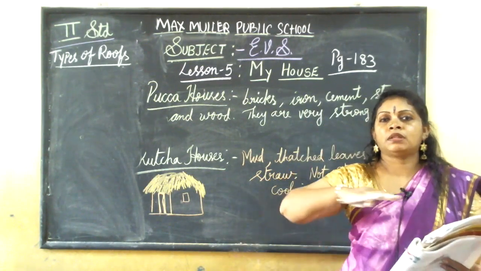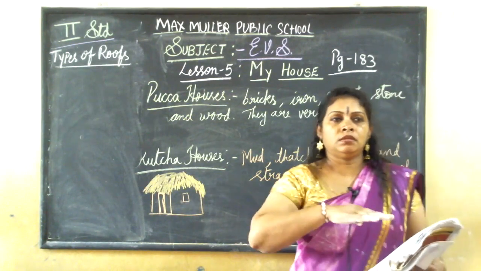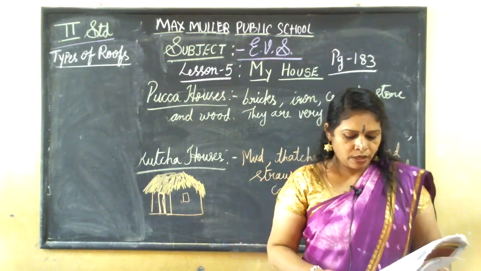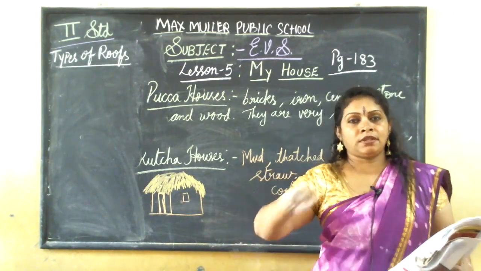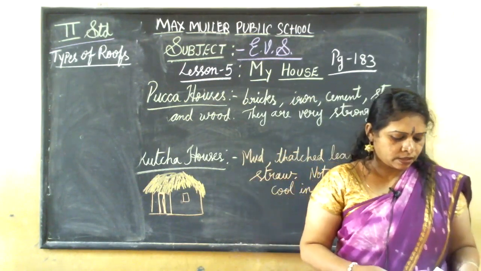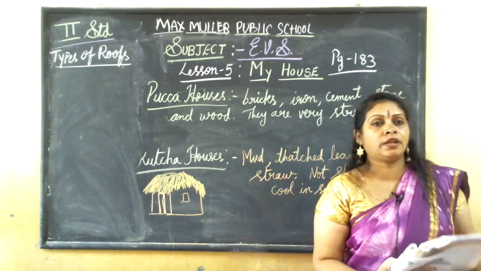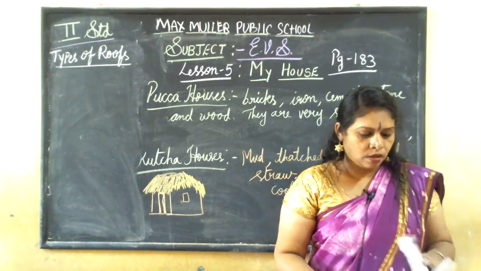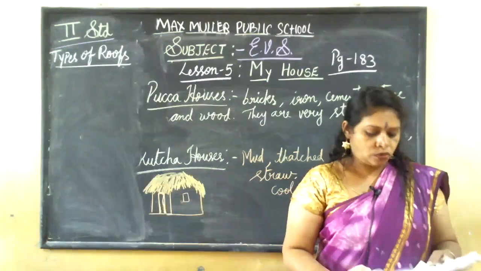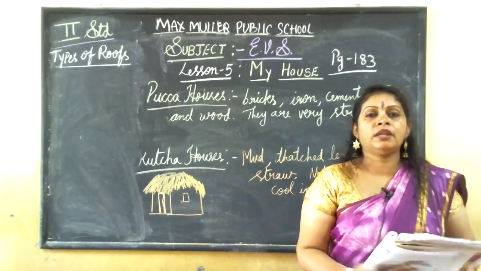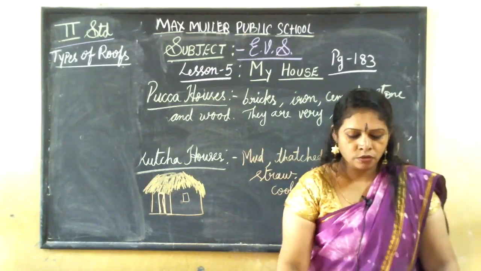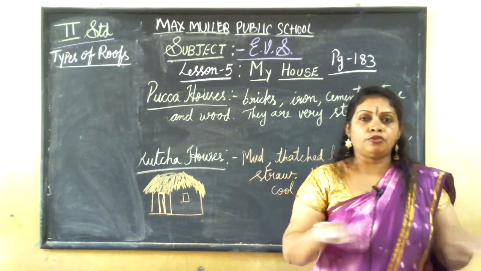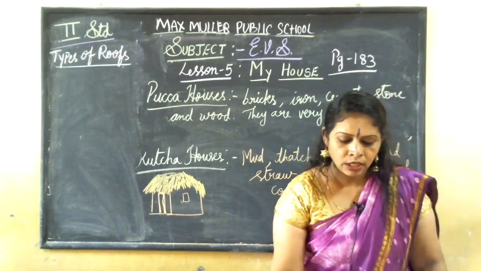Flat means it will be straight, they will not have any designs. In plains and dry areas, where they don't have much rain, people will build houses with flat roofs.